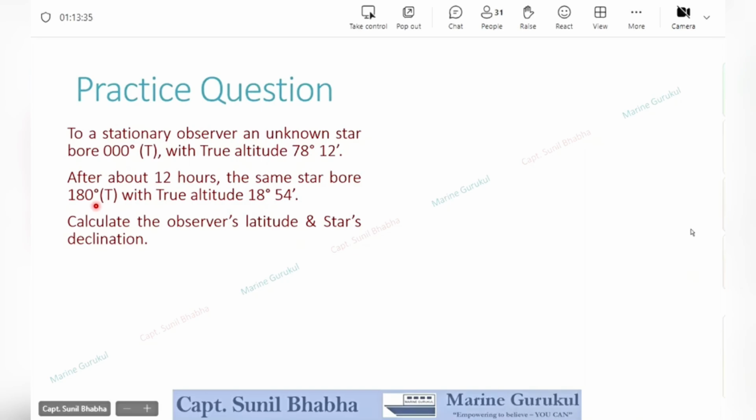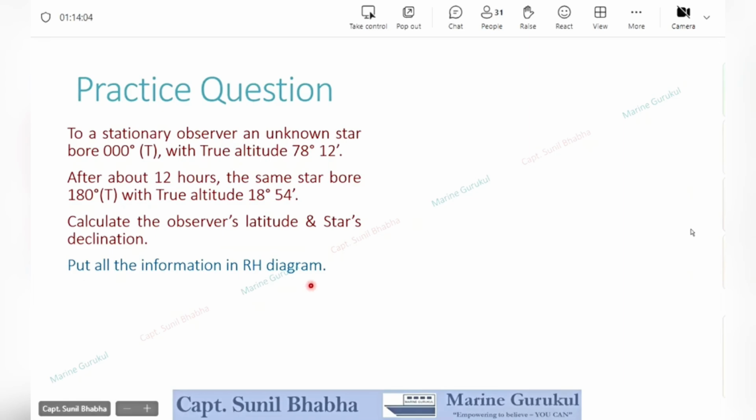So what is this approach? In all these questions you make a rational horizon diagram, and whatever information is given in the question, a true altitude or a bearing, you put all that information in that rational horizon diagram itself.